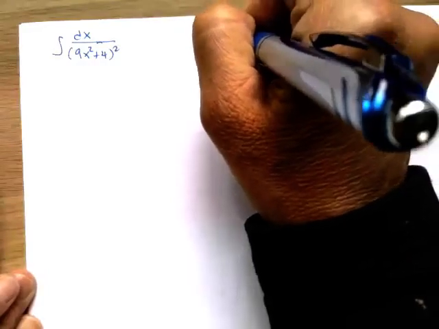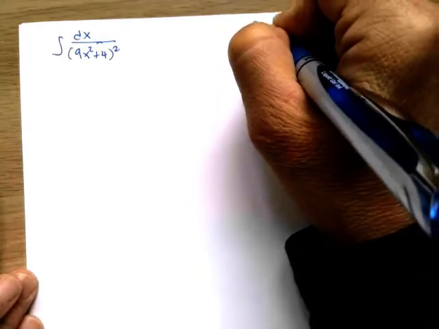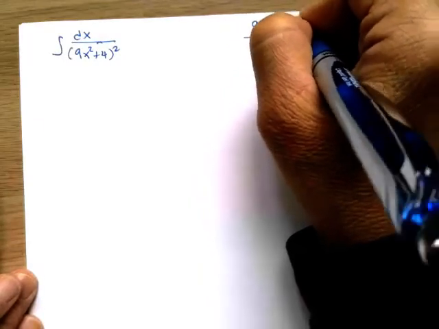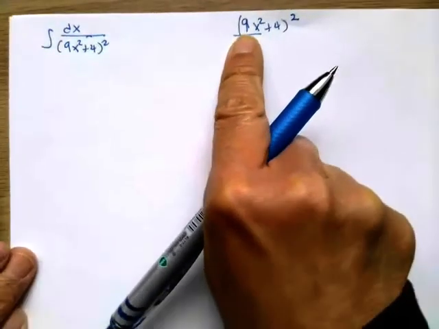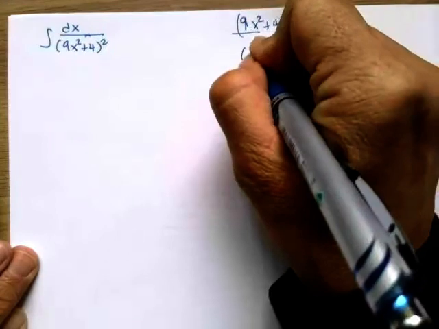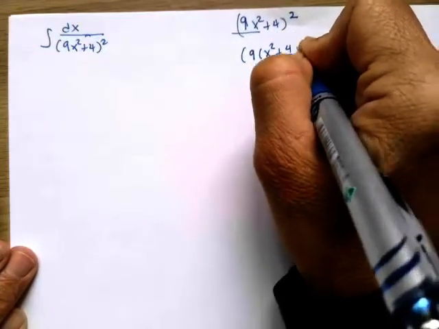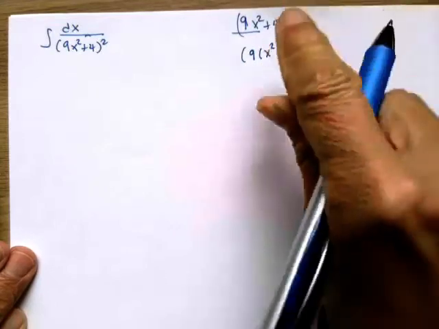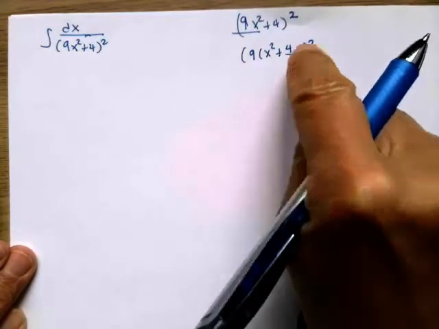I'm just going to work on that fraction. Actually it doesn't even have to be a fraction. Let's just work on 9x squared plus 4 squared. I want to manipulate this so that I just have a single x squared here. So I'm going to factor out a 9. So x squared plus 4/9. All of that's still squared. So now I have a product that's squared, so I can square both parts.